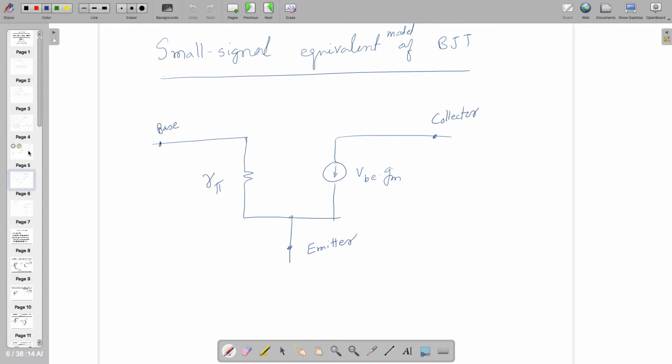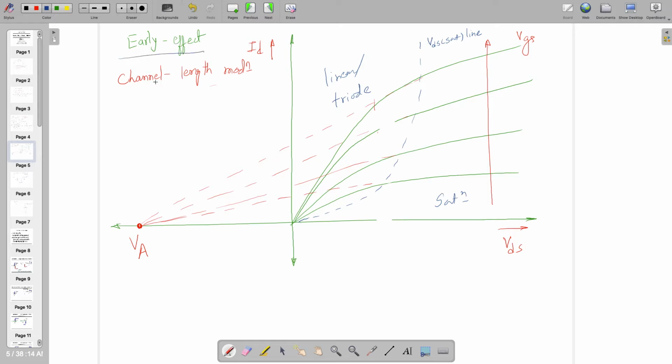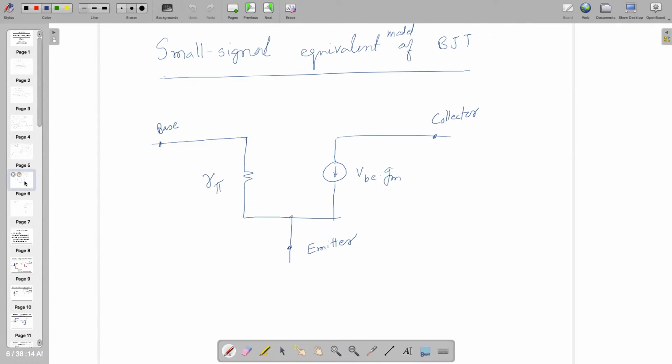But when we are adding this Early effect or the channel length modulation, what is happening in the collector current equation? VCE is also playing a role, or in the case of ID current, VDS is also there. And if you find del ID with respect to del VDS, you are going to have one more extra term.